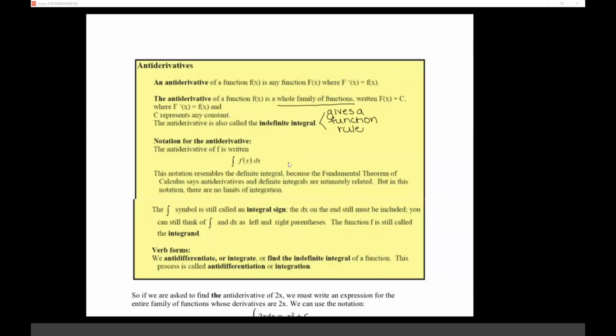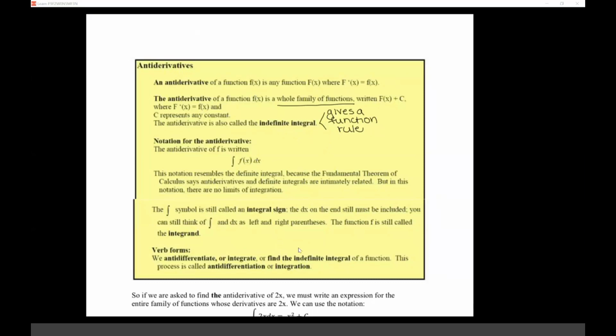For a definite integral, you do the antiderivative process first to get the function, then you evaluate the function at the upper bound minus the function at the lower bound, according to the fundamental theorem. So think of this as the simpler of the two, where you get a function rule back. If you take it another step and evaluate it at bounds, then you get a number, which is the area under the curve between A and B. Those are two concepts that are really important to understand if any of this is going to make sense.